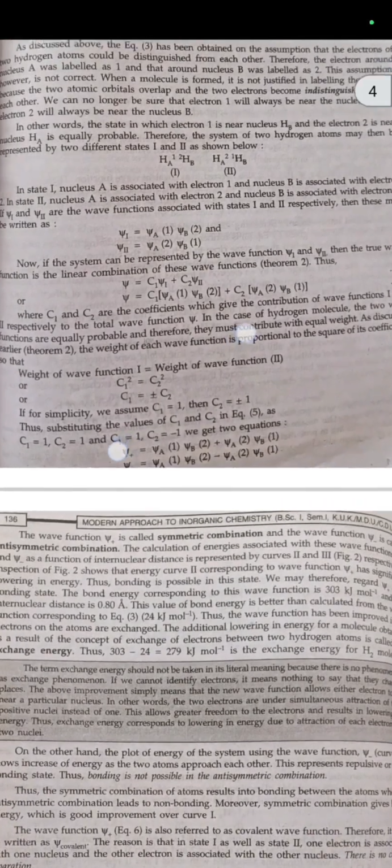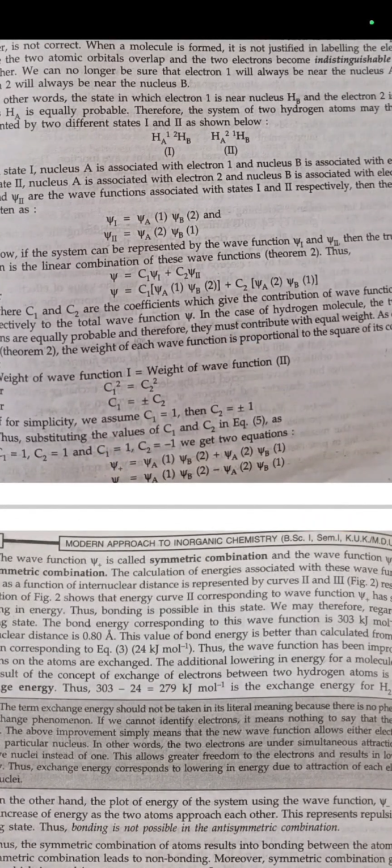In state 2, nucleus A is associated with electron 2 and nucleus B is associated with electron 1, where C1 and C2 are coefficients which give the contribution of the first and second wave functions respectively to the total wave equation psi. In the case of the hydrogen molecule, the two wave functions are equally probable and therefore they must contribute with equal weight, as discussed earlier.